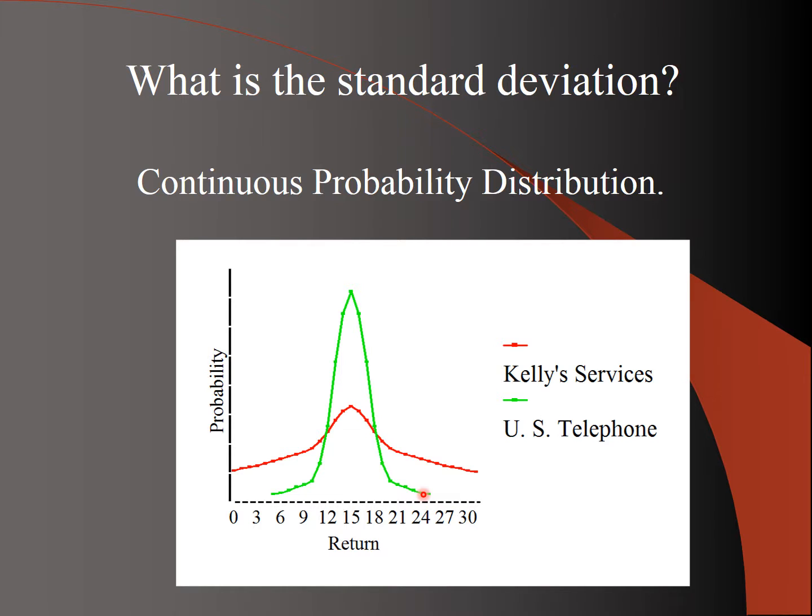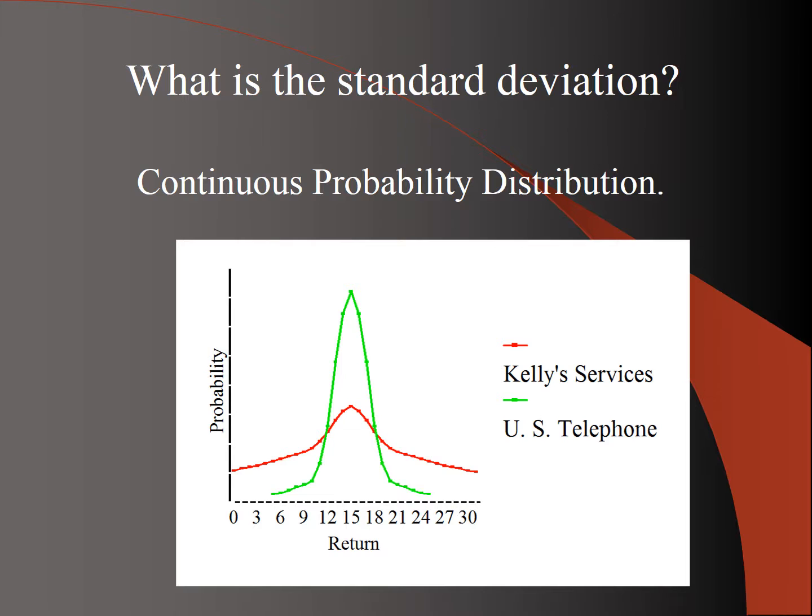And so what the standard deviation measures is how narrow or how wide that continuous probability distribution is. So the smaller the standard deviation, the less spread out is the continuous probability distribution. The larger the standard deviation, it means the more spread out the distribution of returns for the security.